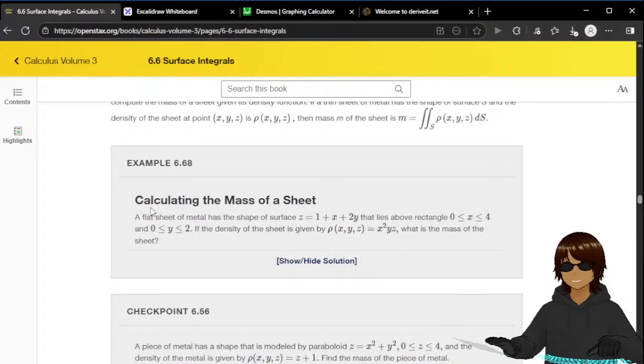A flat sheet of metal has the shape of surface z equals 1 plus x plus 2y that lies above the rectangle with x between 0 and 4 and y between 0 and 2. If the density of the sheet is given by rho(x, y, z) equals x squared yz, what is the mass of the sheet?